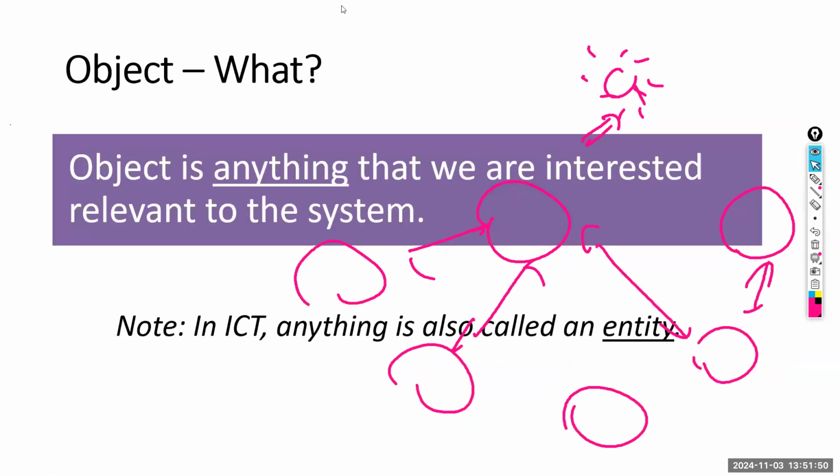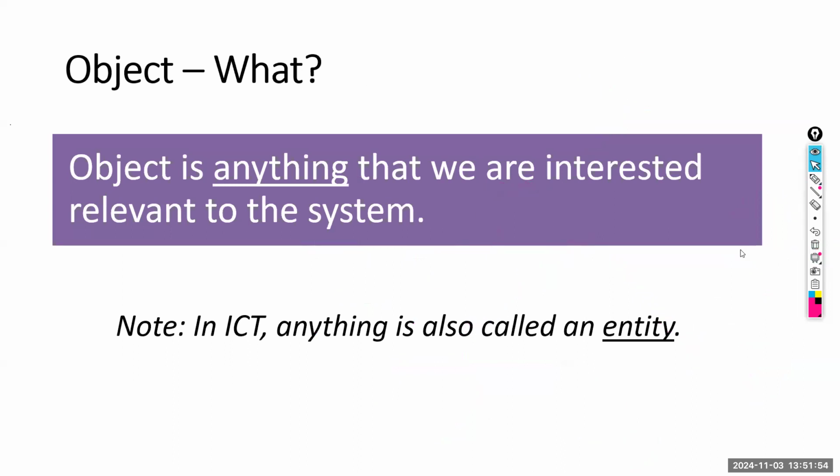Right. What is meant by object? Because in object-oriented programming, the approach itself has the word object. So in object-oriented software development, an object is anything that we are interested in, relevant to the system. You can see this definition is very close to the definition we gave to entities. Remember, an entity is anything that you are interested in.